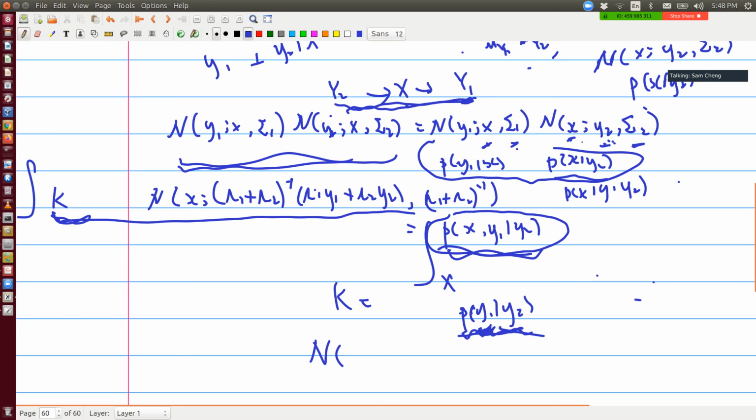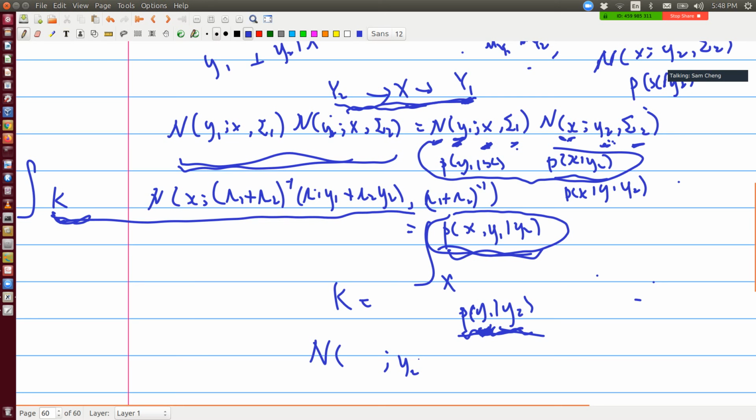When you look at the mean of y1 here, the mean for y1 is x. And x itself is a random variable, but x takes a mean of y2. So if I ignore x there, like x is gone, the mean of y1 will be simply y2. So therefore the mean is y2.